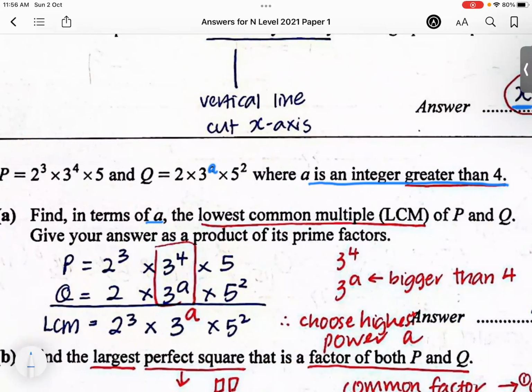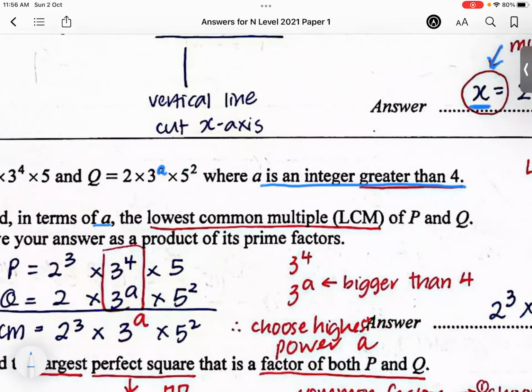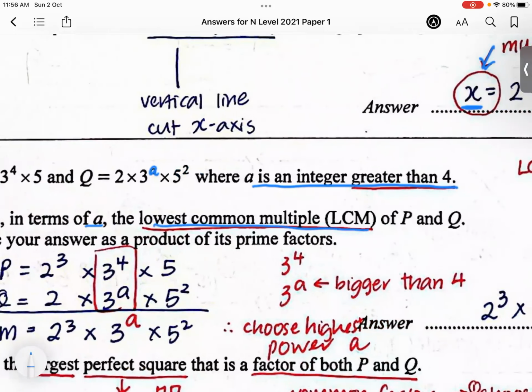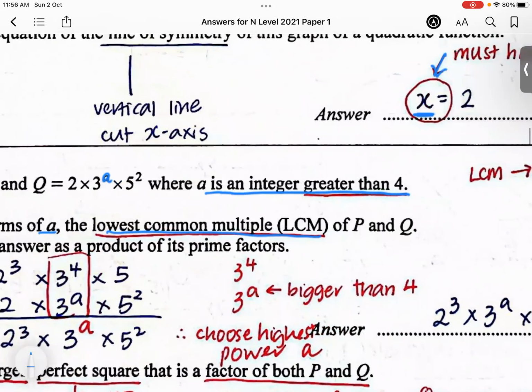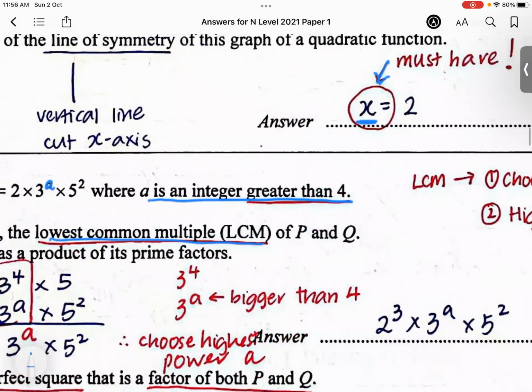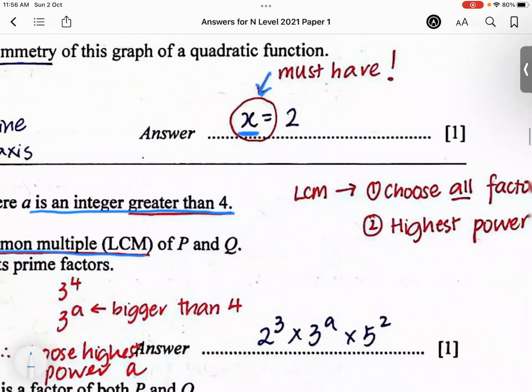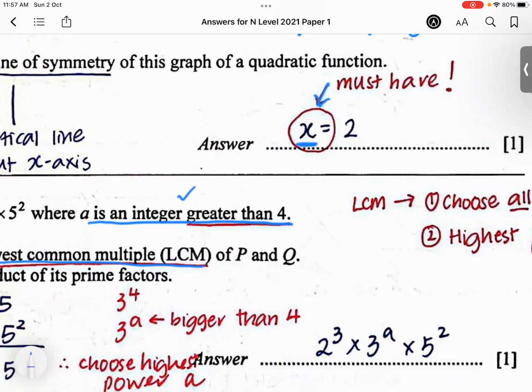And they say lowest common multiple of P and Q. To find the lowest common multiple, number one, choose all factors. Number two, choose the one with the highest power. That's why this statement is important, greater than 4. So the power I choose will be A, since A is greater than 4. You just need to take note.